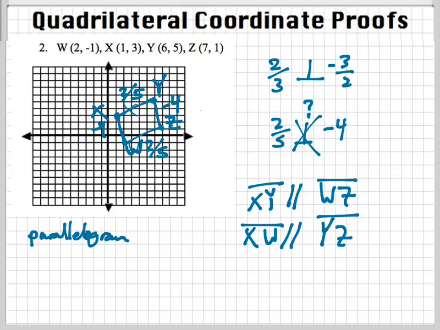Therefore, WXYZ is a parallelogram. It's a parallelogram because opposite sides are parallel. Now this is not a formal two-column proof. We're just kind of trying to use the coordinates to show that it is what we think it is.